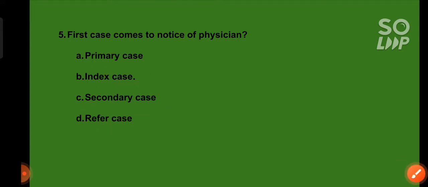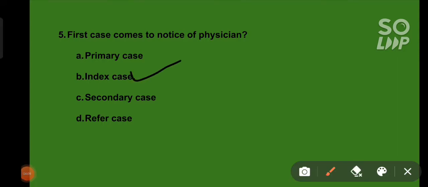The right answer is option B, the index case. When a case newly comes to the physician for treatment, seen for the first time, that case is the index case.